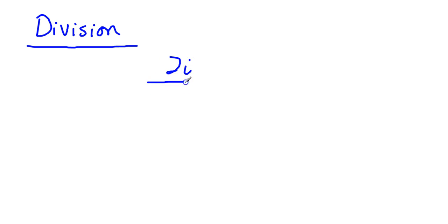With division, so we've got 2i over -6 minus 4i. Now, I hate to say that division is really not a division problem.